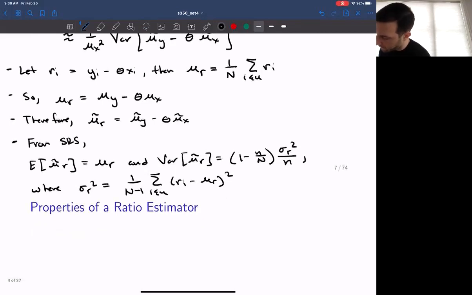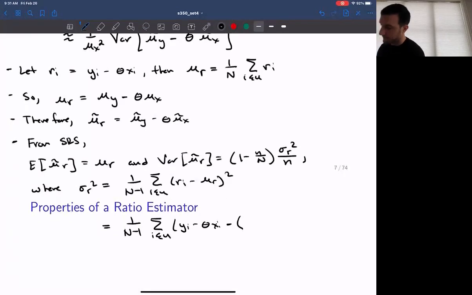And this can therefore also be written as, so this is equal to this, which is also equal to the following. Okay, so we're going to have yi minus theta xi minus mu y minus theta mu x, squared.